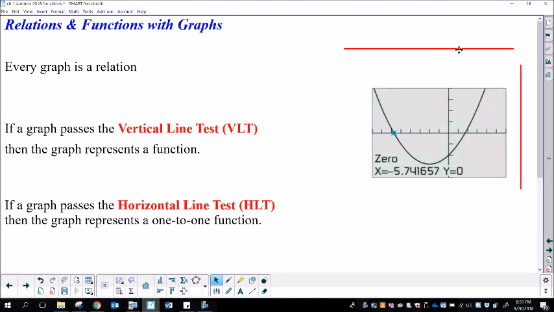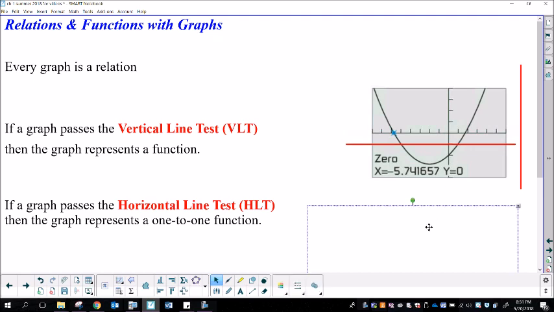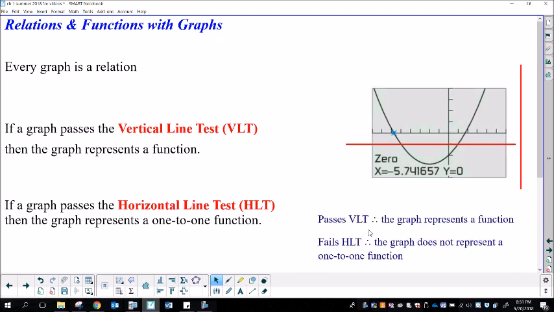If we do the horizontal line test and pass this horizontal line over the graph, we can see that the horizontal line intersects the graph in multiple points, and therefore this fails the horizontal line test and is not one-to-one. So it passes the vertical line test, therefore the graph represents a function, but fails the horizontal line test, therefore it does not represent a one-to-one function.